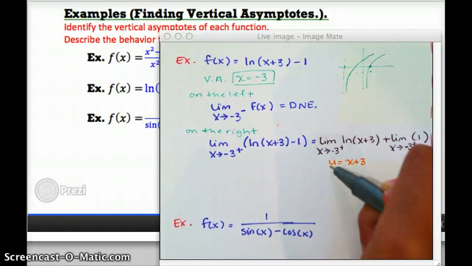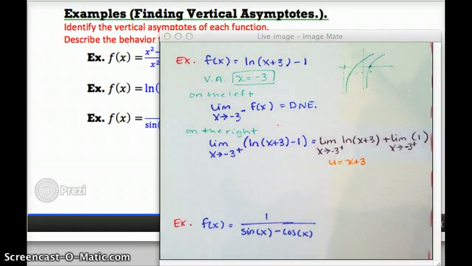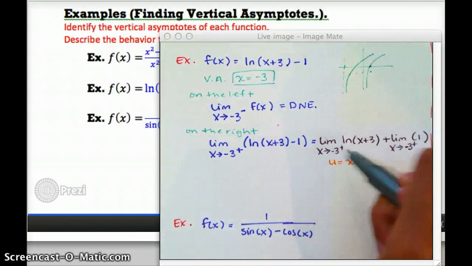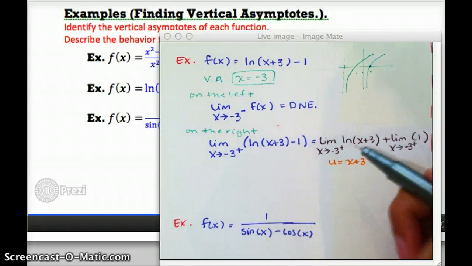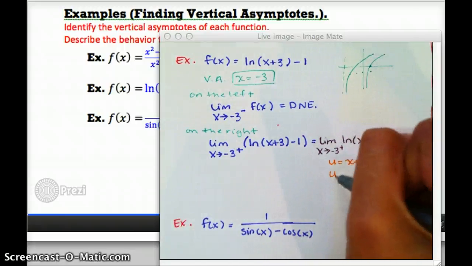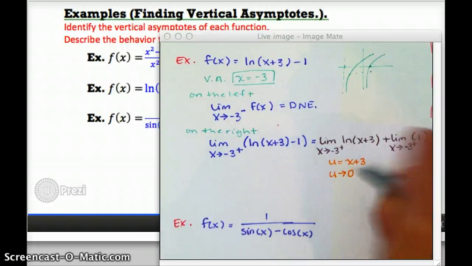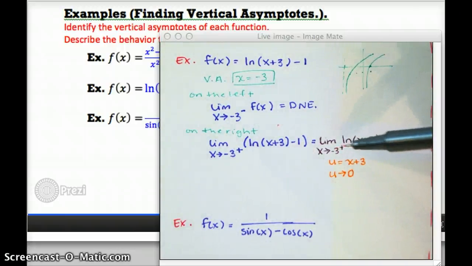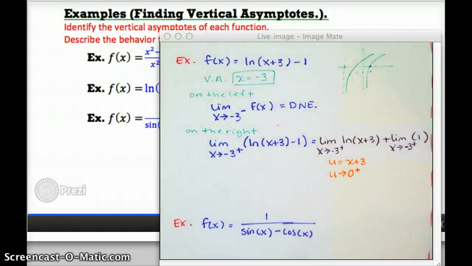And if I change the variable in the limit, I have to change the variable at the bottom as well. So as x gets really close to -3 from the right-hand side, u is going to get really, really close to 0. Think about what would happen if I plug in a -3 right there. We'll still be getting close to 0 from the positive side.